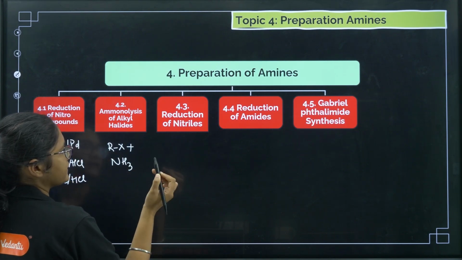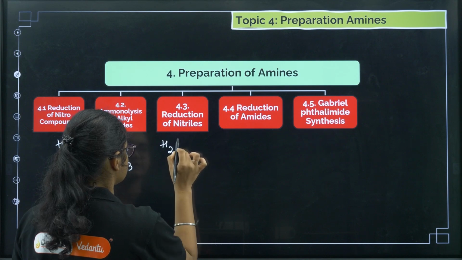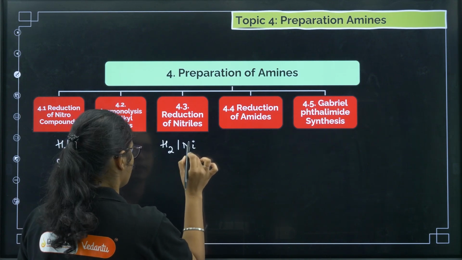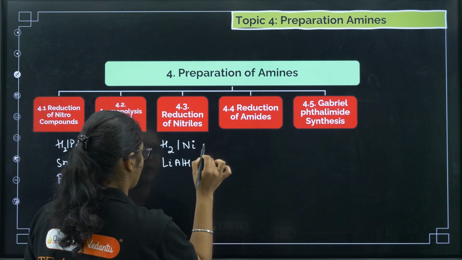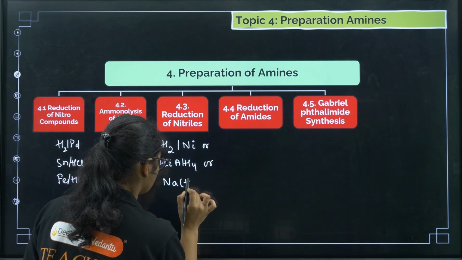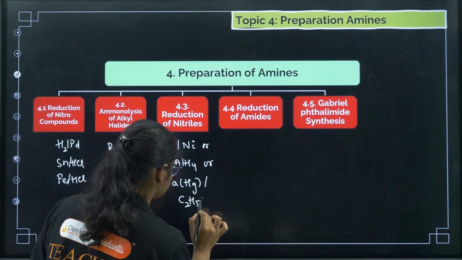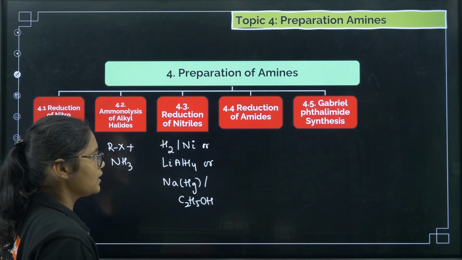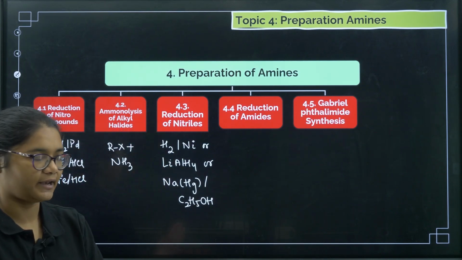Next, reduction of nitriles, RCN. Here also we have three reagents: H2 nickel, LiAlH4, or sodium amalgam in presence of C2H5OH. Next, reduction of amides, that is RCONH2.